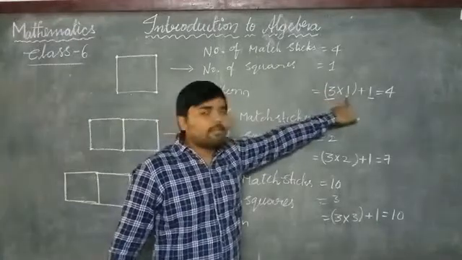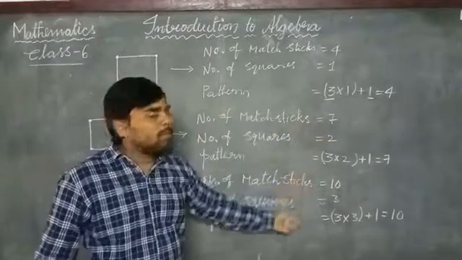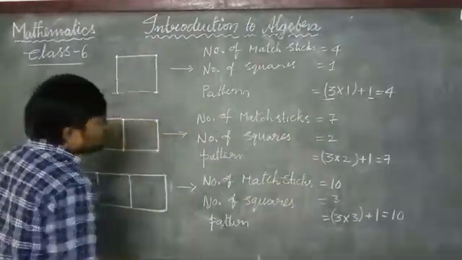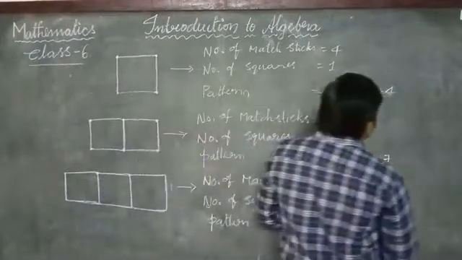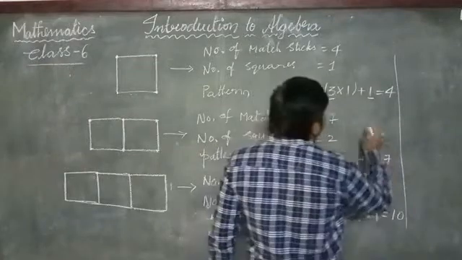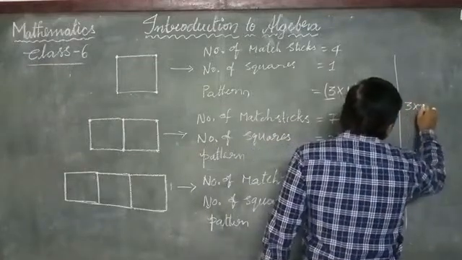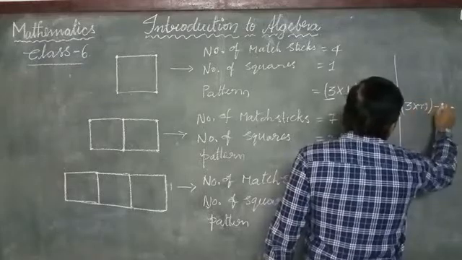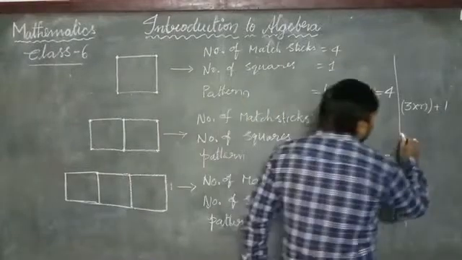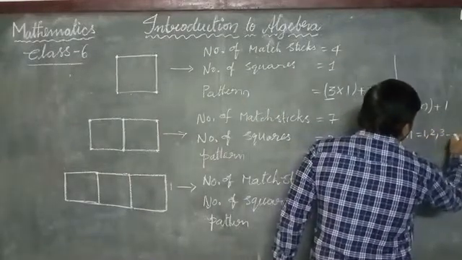By observing these patterns, we can write the general pattern: 3 into n plus 1. Here n may vary: n equal to 1, 2, 3 and so on.